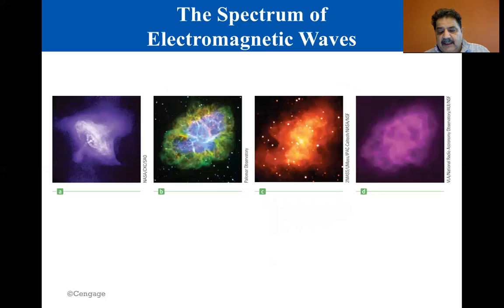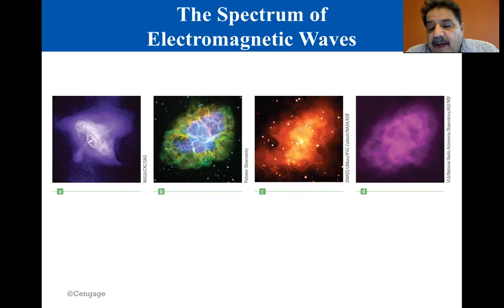All right. Observations. When astronomers observe the same celestial objects using detectors sensitive to different regions of the electromagnetic spectrum, they see striking variations in the object's features. These images show the Crab Nebula made in 3 different wavelength ranges. The Crab Nebula is the remnant of a supernova explosion that was seen on Earth in about 1054 AD.